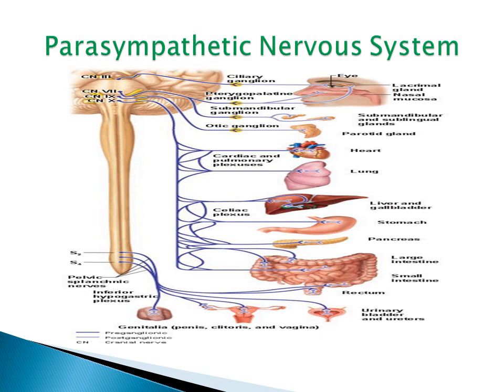The fibers emerging from the pterygopalatine ganglion innervate the lacrimal and nasal glands, increasing lacrimal and nasal secretion. The postganglionic fibers from the submandibular ganglion innervate the submaxillary and sublingual glands, increasing salivary secretion.